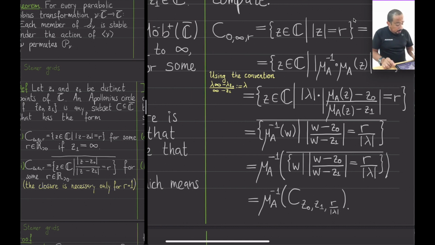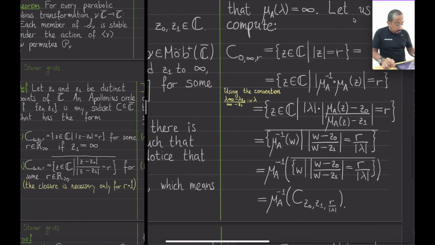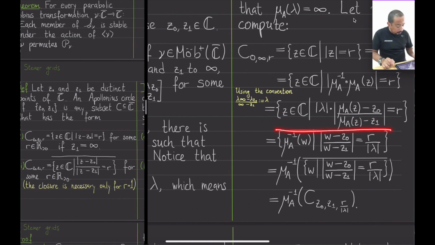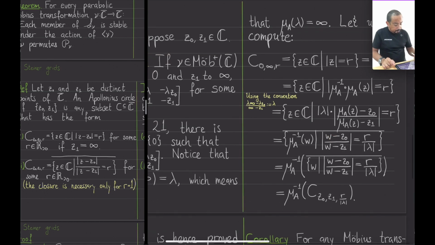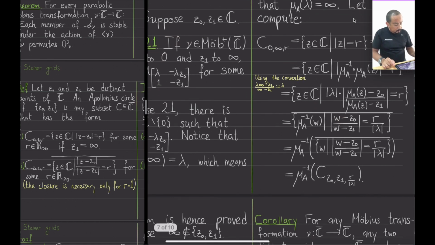Okay, and then you just change variable, because you just call this W, and then you pass this, dividing. Then here I take the closure again, so that these are just complex numbers. But this is a homeomorphism, so I can put the closure inside.